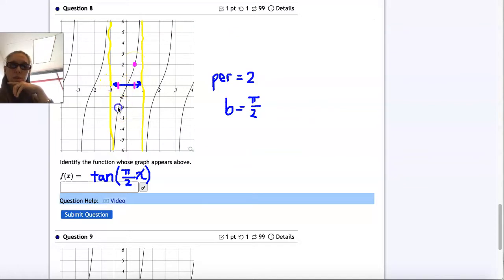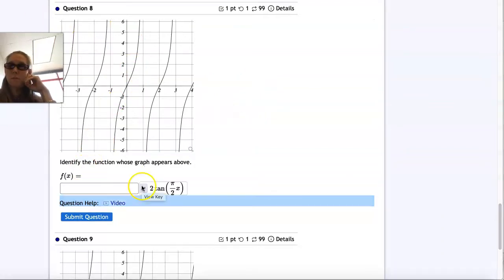Likewise, down here I'm at -2. So the good thing here is that means that I have a stretch by the factor of 2.